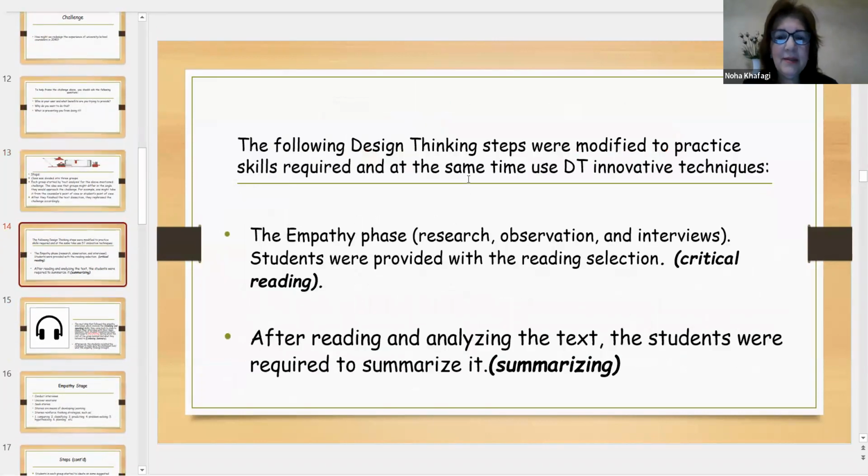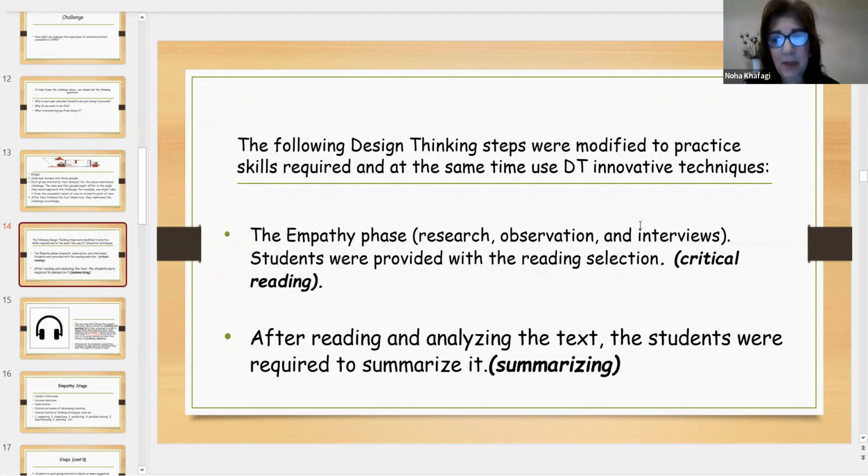Okay, the following design thinking steps were modified to practice skills required and at the same time use the design thinking innovative technique. The empathy phase, they did research, observation, and interviews. They went out, that was before the pandemic. I did this twice, once before the pandemic, and the other time I did it online.